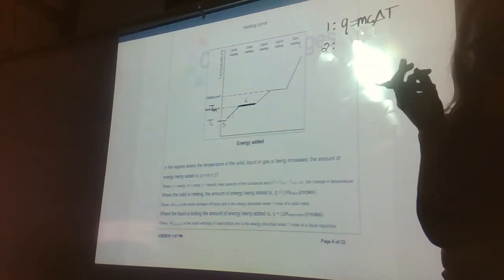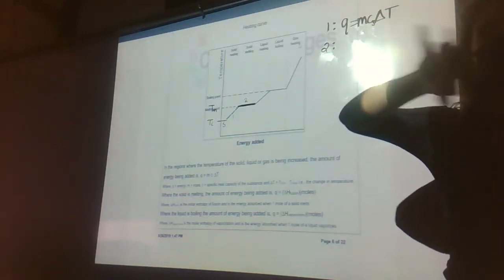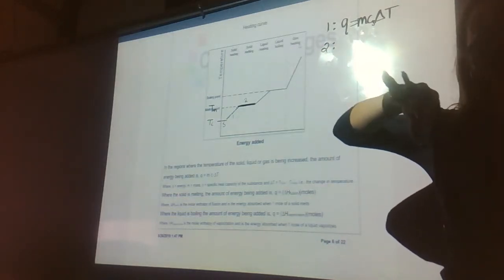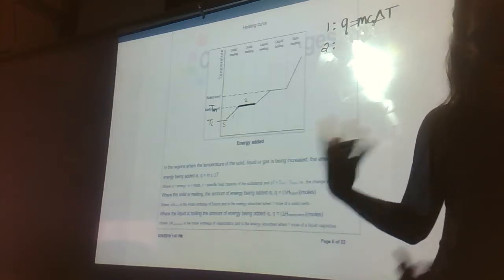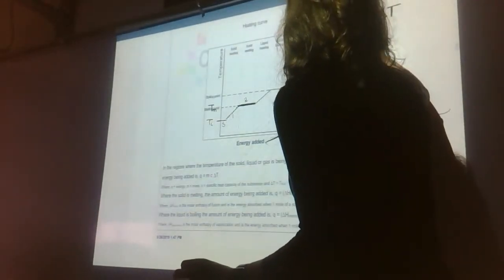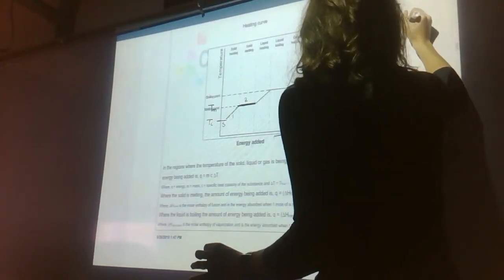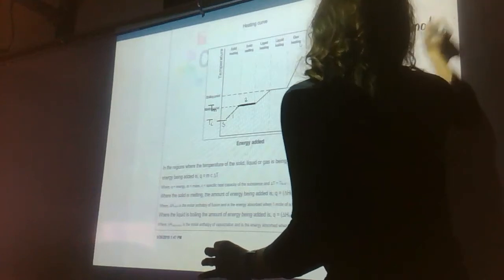It's going into overcoming those intermolecular forces and pulling the solid particles farther apart to make them a liquid, making them move more freely. For this part, to calculate Q, we use something called the enthalpy of fusion times the number of moles.